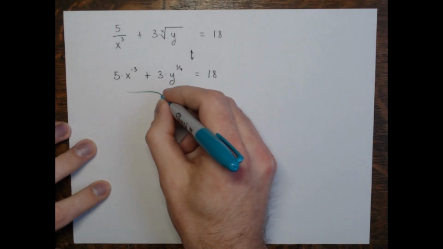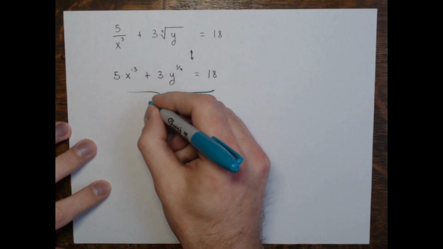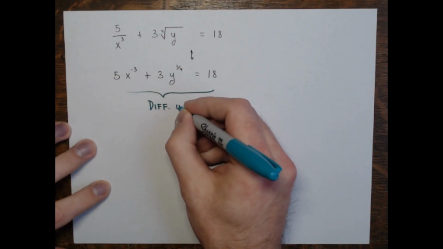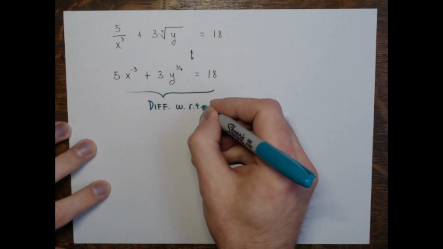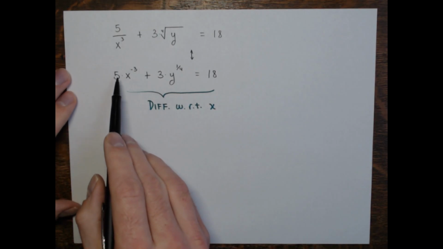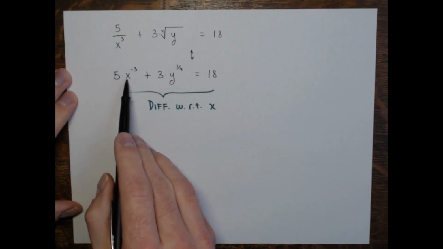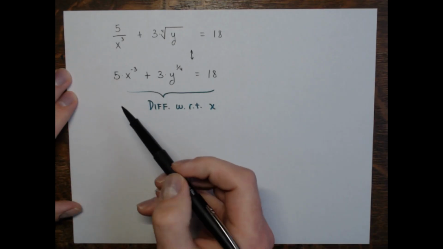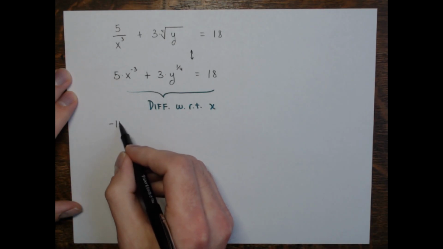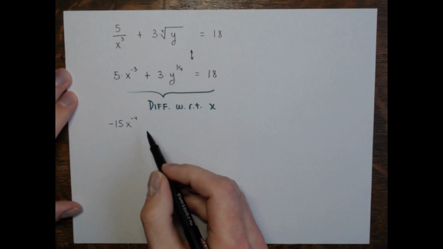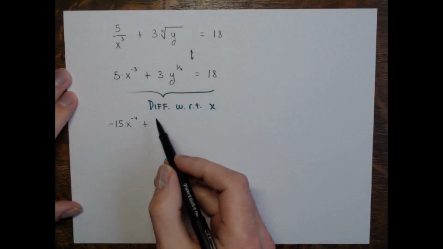Okay, so now I'm going to take the equation and do the derivative, right? I'm going to differentiate both sides with respect to the independent variable x. The first term there has just x involved, so I treat it like normal. Do the power rule, that'd be negative 15 times x to the negative 4, plus.